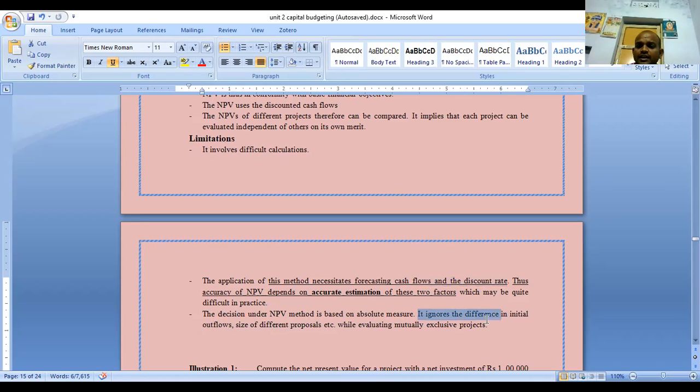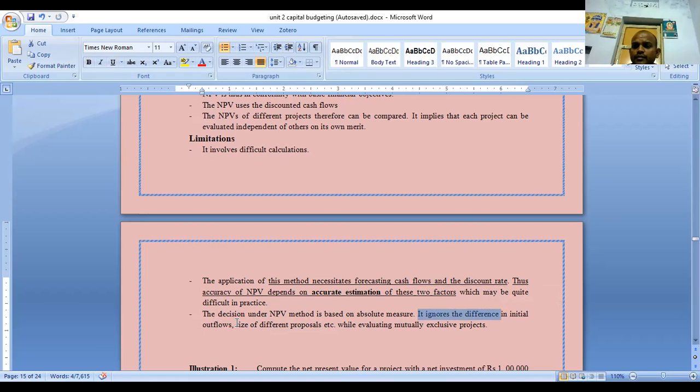The decision under NPV method is based on absolute measure. It ignores the difference in initial outflows. If two projects have different outflows, say for example, one project has 1 lakh investment, another project requires 2 lakhs investment, how can you compare these two projects? Which one is best?